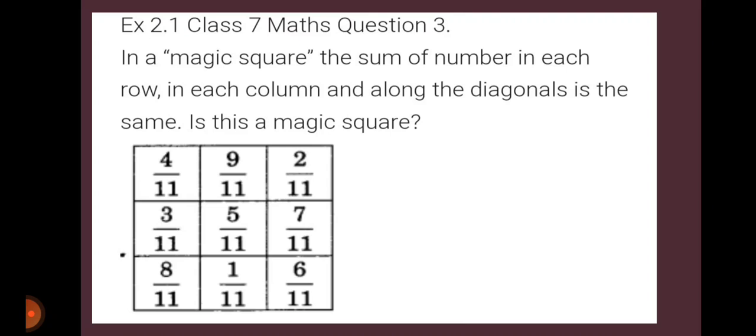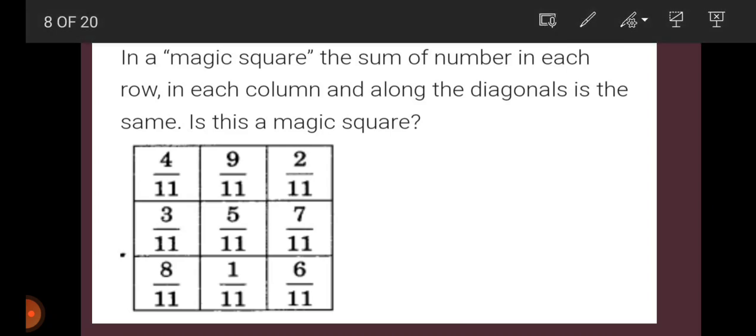Next is a magic square. So first you add all columns and rows, and the answer is equal. If you add columns, or if you add rows, the answer is the same. So how is this answer the same?